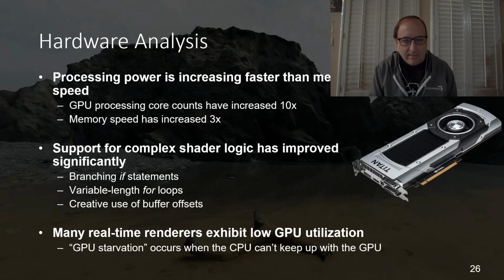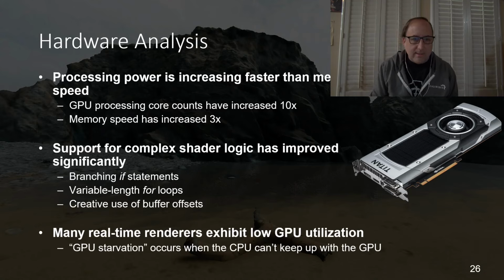And that means that a rendering architecture that was designed a decade ago or longer is going to tend to hit different bottlenecks than a rendering architecture that's designed today, or than when it's running on today's hardware. So a different architecture is really needed.